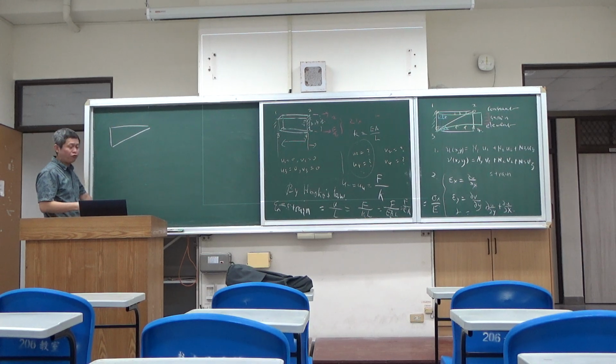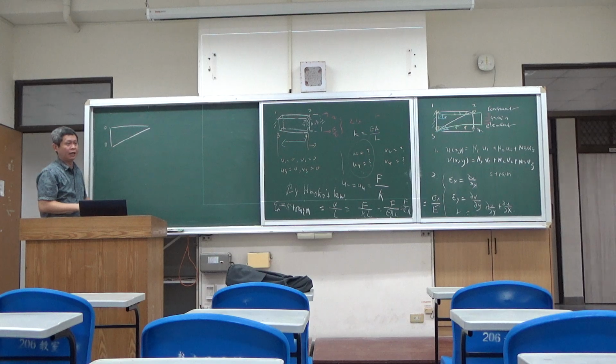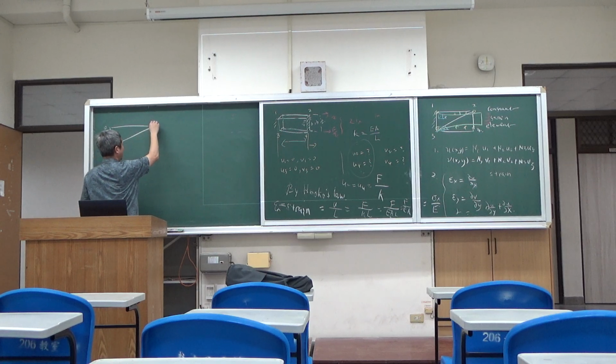How do I approximate the shape function? I told you before, if this is zero displacement, what would be the deformation here?